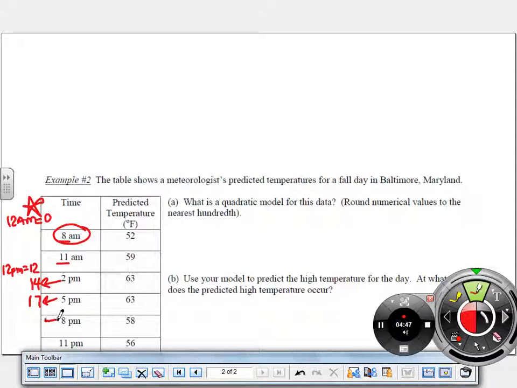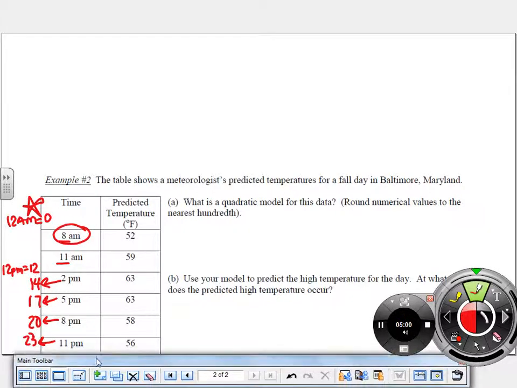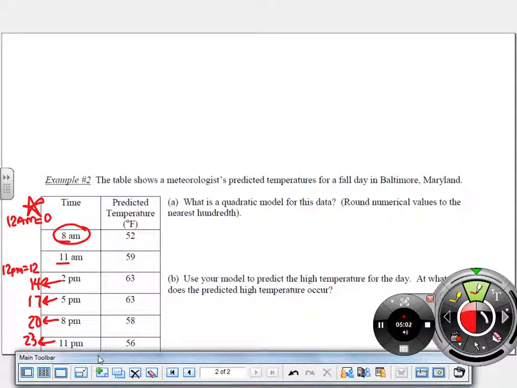And we're going to call 8, 20. And we're going to call 11 p.m. 23. So you can think about it like military time or the 24-hour clock, or you can think about it as hours after 12 a.m., and it would be kind of the same idea. So when we enter into the calculator, those are the values that we're going to enter in.